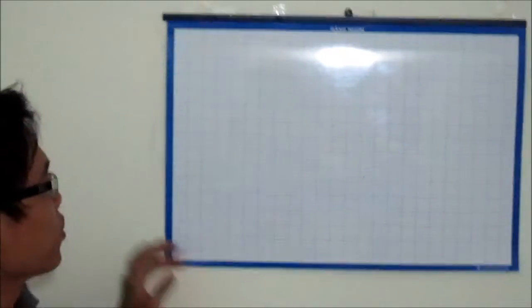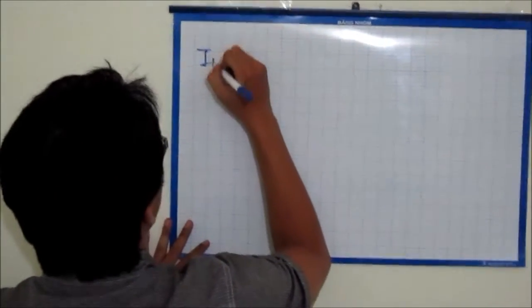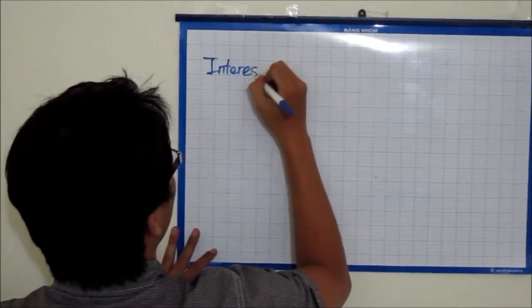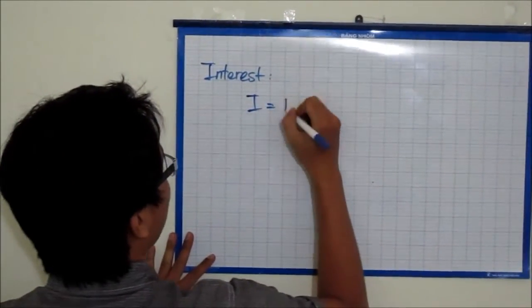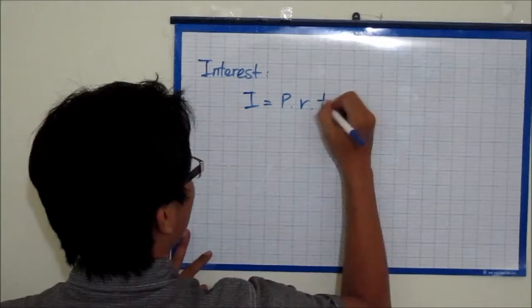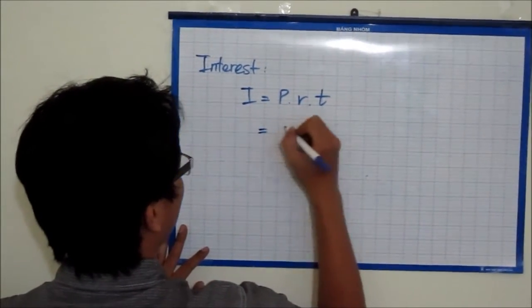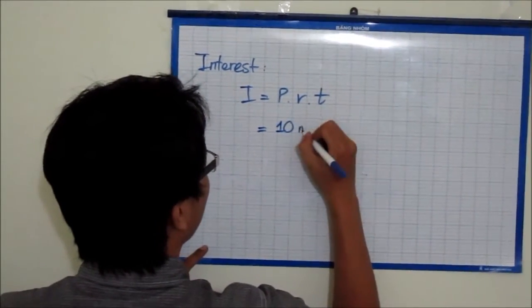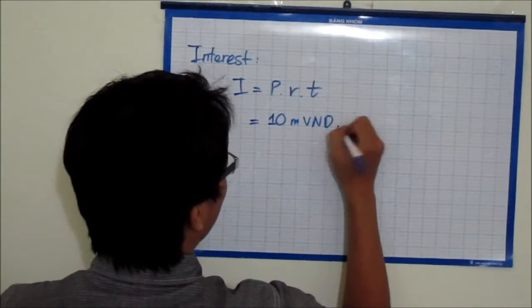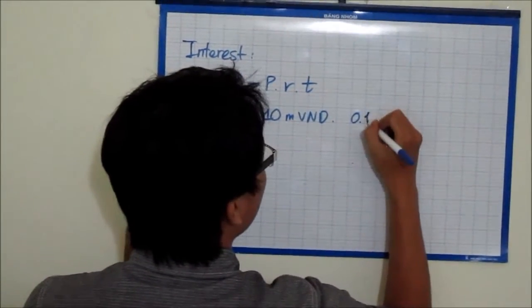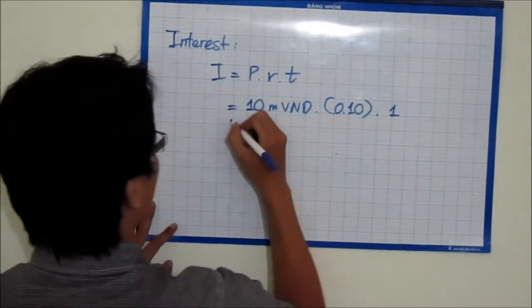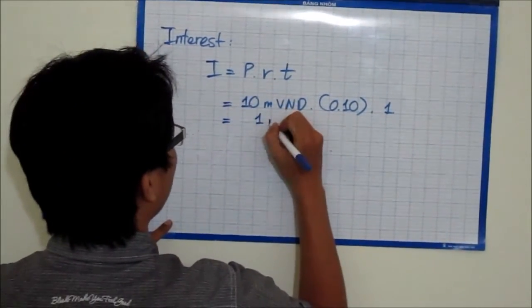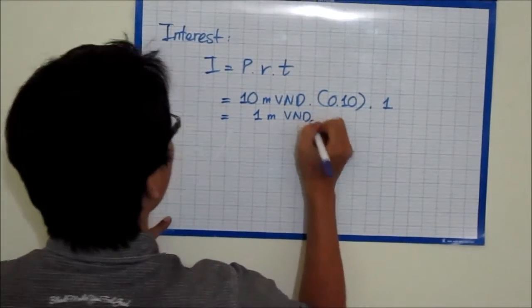And here is the solution. Your interest after 1 year will be I equal to P multiplied by R multiplied by T, and you replace your numbers: 10 million VND multiplied by 10% and 1 year, so the result will be 1 million VND.